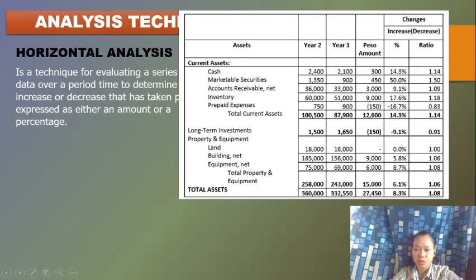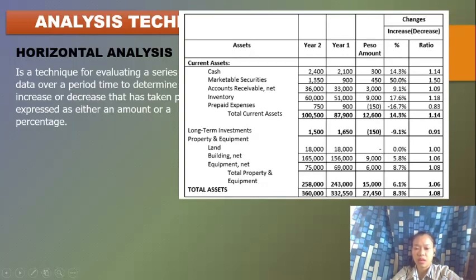And also for year 1, you add the total current assets, long-term investments, and total property and equipment. For the peso amount, you no longer need to add them.